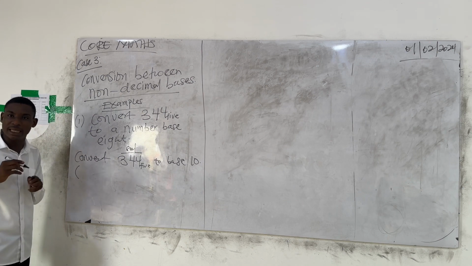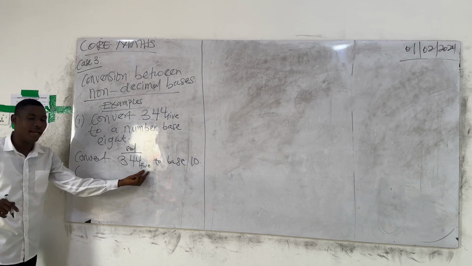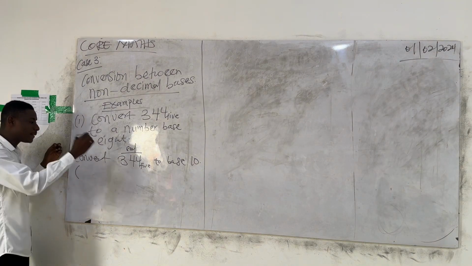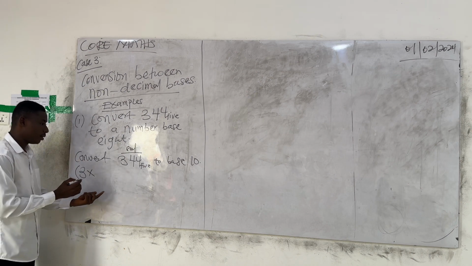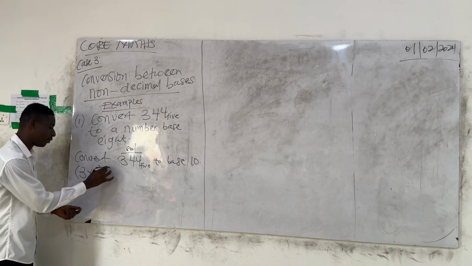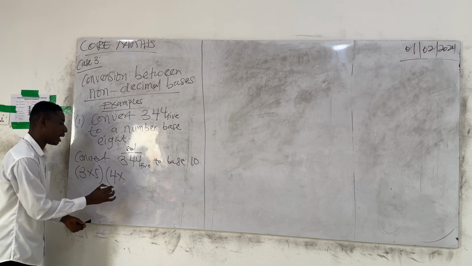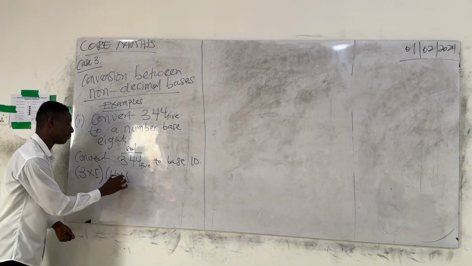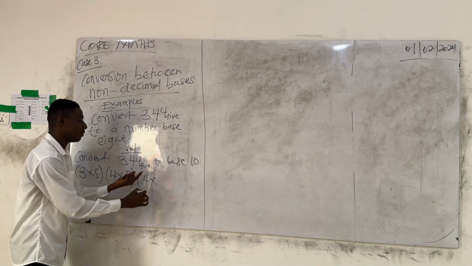So we said identify the base. What is the base here? 5. So let's pick each element and multiply it by the base. Our base is 5. So 3 times 5. What is the next digit? 4 times the base. What is the next digit? Times the base. Good.